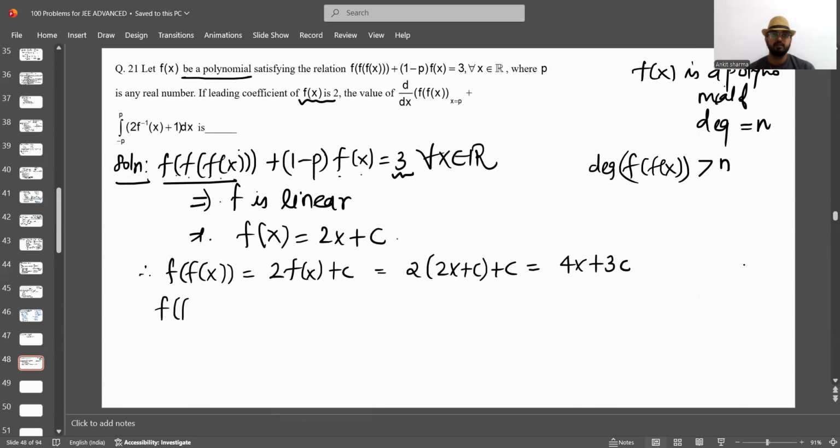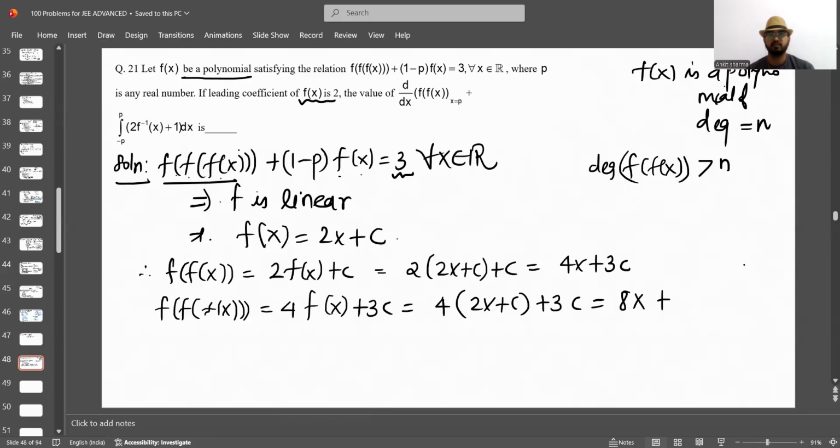And then we have f(f(f(x))), which means we have f of 4x + 3c, that is 4 times (2x + c) + 3c, and this will give me 8x + 4c + 3c, which is 8x + 7c.